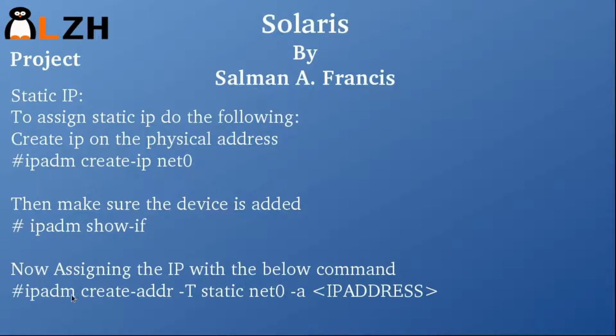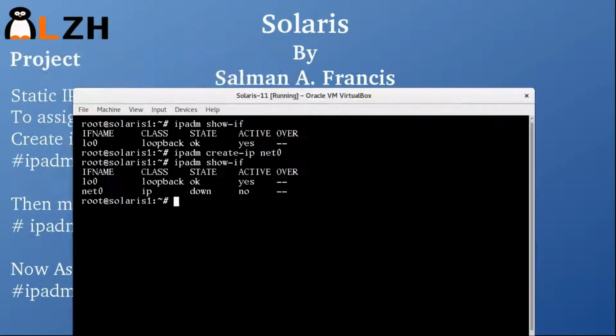ipadm create-addr -T static, same thing net0, and then -a is for address. So the command is ipadm create-addr. First we created the IP, now we are creating the address of type static. That is important.